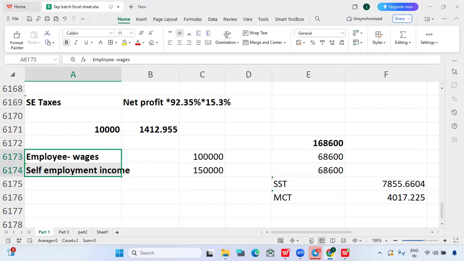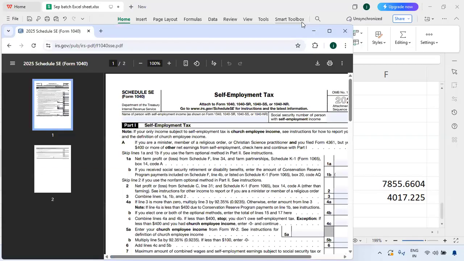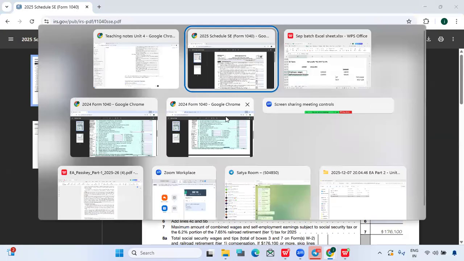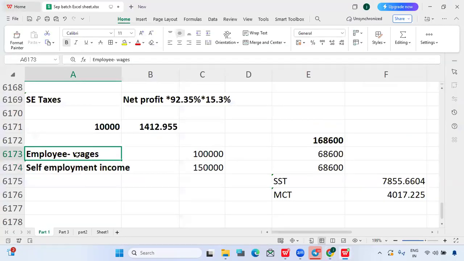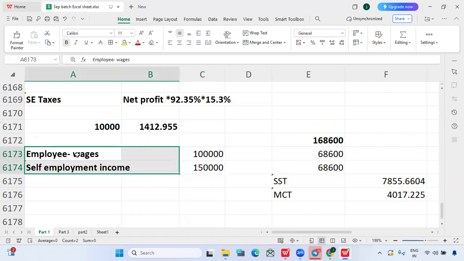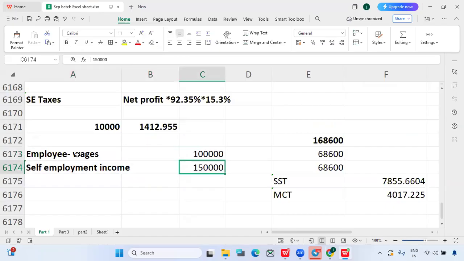So on the earned income we have a base limit of 168,600. You can see here these are wages, so this is earned income, and this is self-employment income, this is also earned income. So we have a limit for earned income, not for individual amounts. So this income and this income total more than 168,600, so then we will apply the calculation.